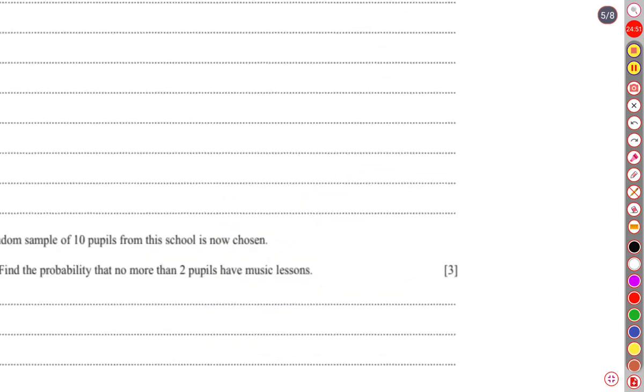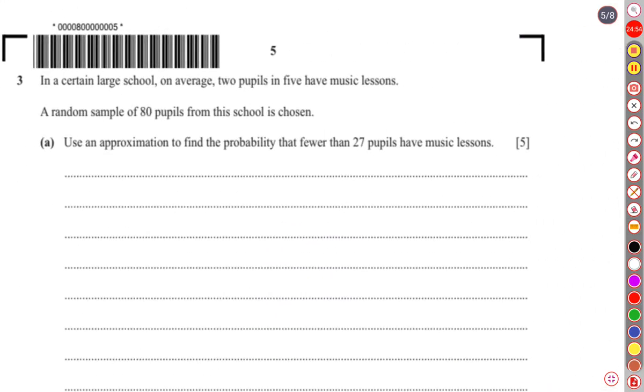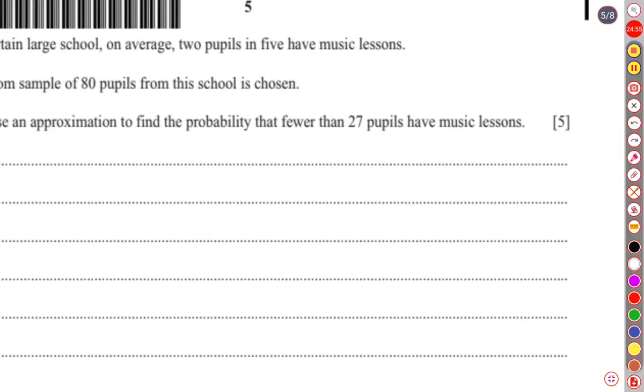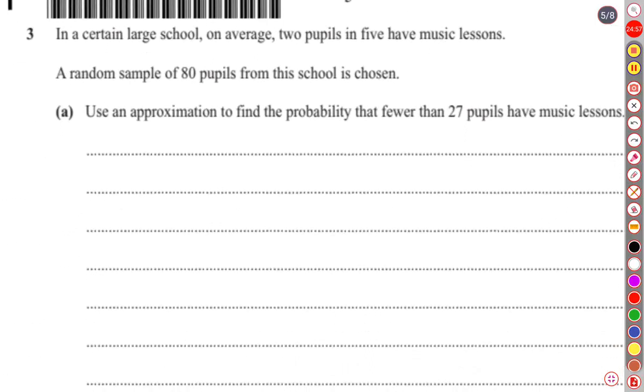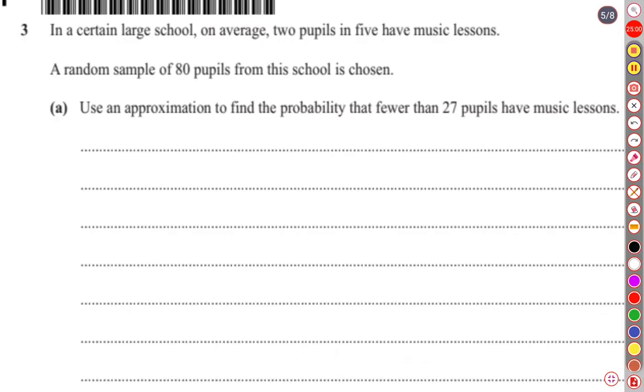Question number 3 says: in a certain large school, on average 2 pupils in 5 have music lessons. A random sample of 80 pupils from this school is chosen. Use an approximation to find the probability that fewer than 27 pupils have music lessons.